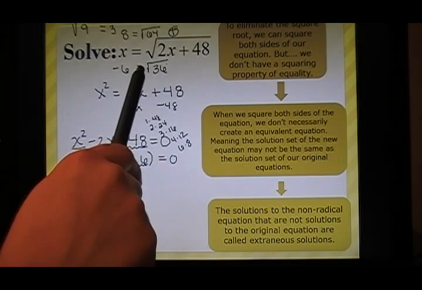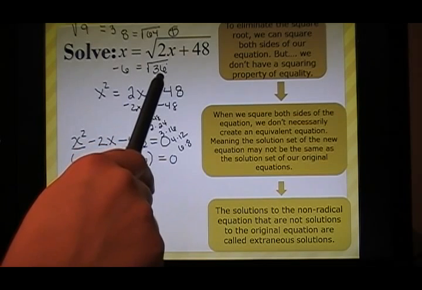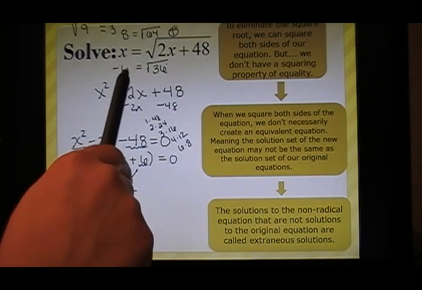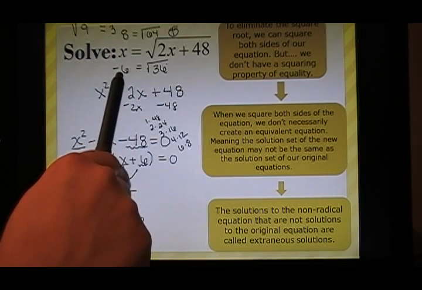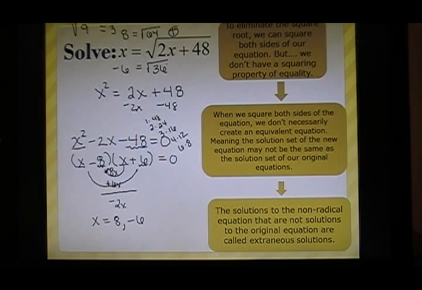The positive number that I multiply twice to get 36 is not 6. -6, I'm sorry, -6 does not equal the principal root of 36. This is not a true statement. So -6 is an extraneous solution.